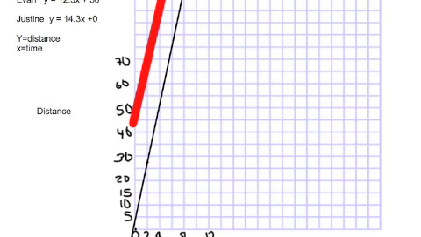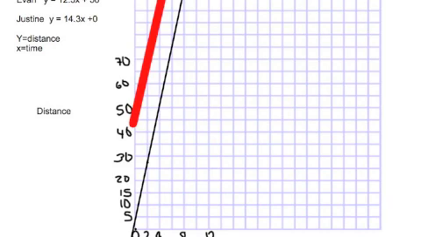Now, at some point, Justine is going to surpass Evan, but I'm not going to be able to see that from my graph. So I'm going to use a different method to find that intersection for Evan and Justine. That method is called substitution.